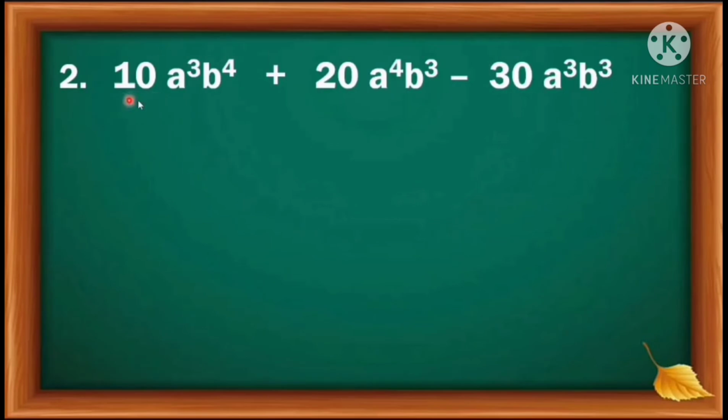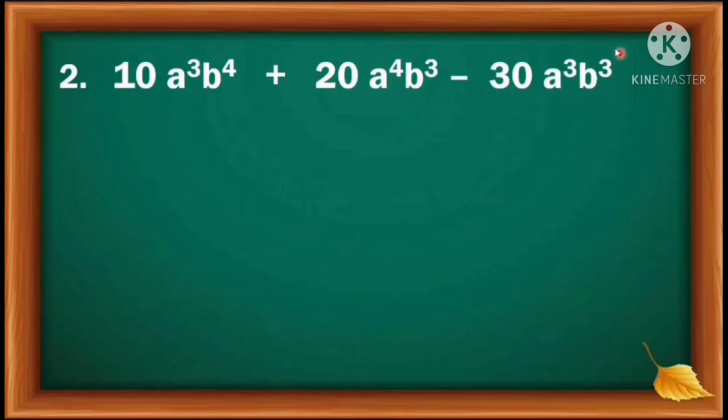So for example, we have 10a cubed b raised to 4 plus 20a raised to 4 b raised to 3 minus 30a cubed b cubed. Okay, let us start first by finding the GCF of the numerical coefficients. What are the numerical coefficients in this polynomial? In the first term, the numerical coefficient is 10. In the second term, it is 20.